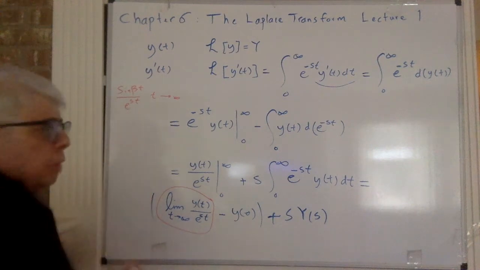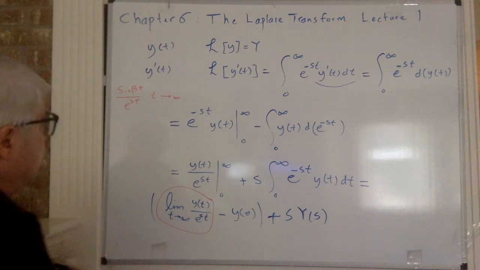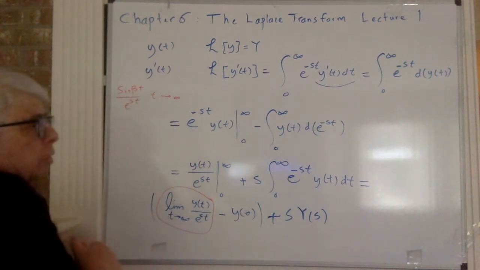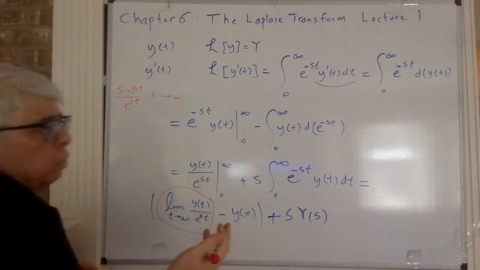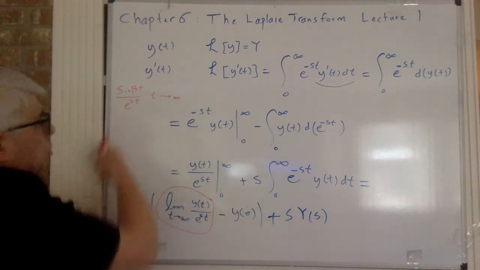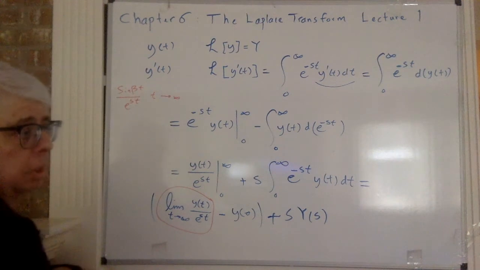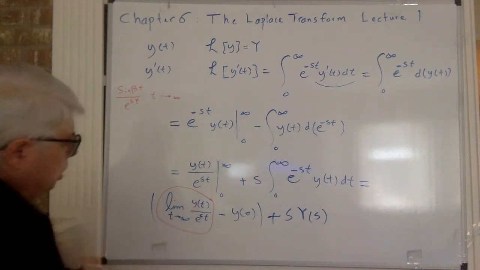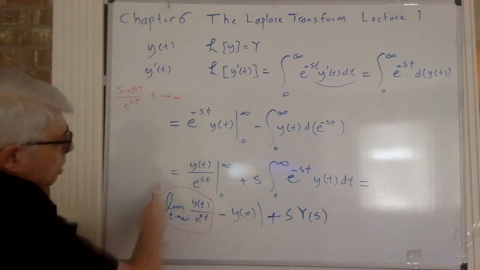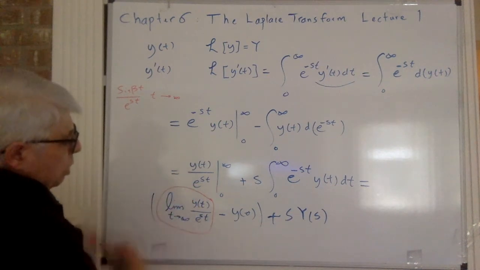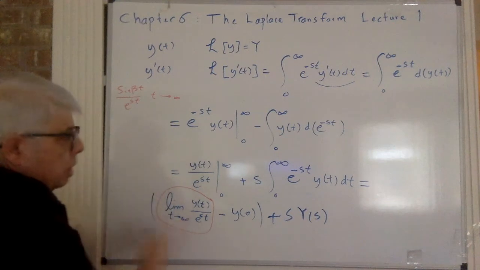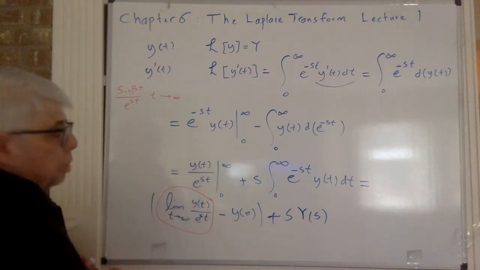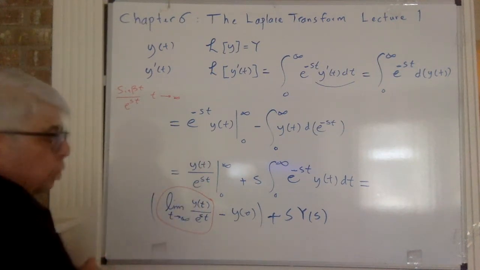And this one goes to infinity. So a number between -1 and 1 divided by a number which goes to infinity, that is 0.